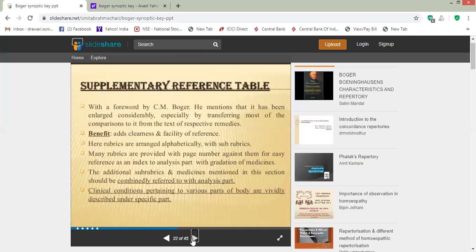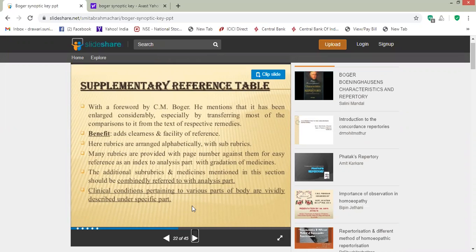In the analysis part, we all know, it is all about the repertory. The index to this analysis part with gradation of medicine is given. Then the additional subrubrics and medicines mentioned in this section should be combinedly referred to with the analysis part.